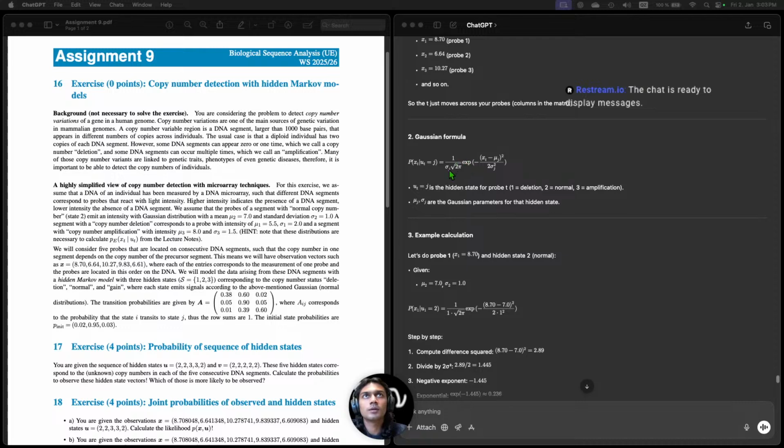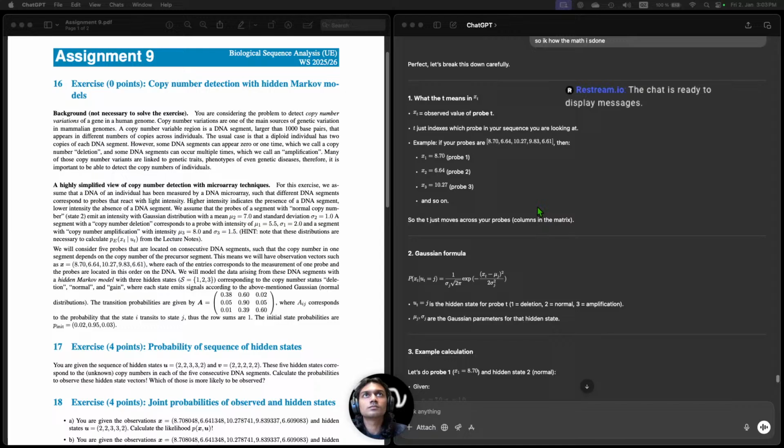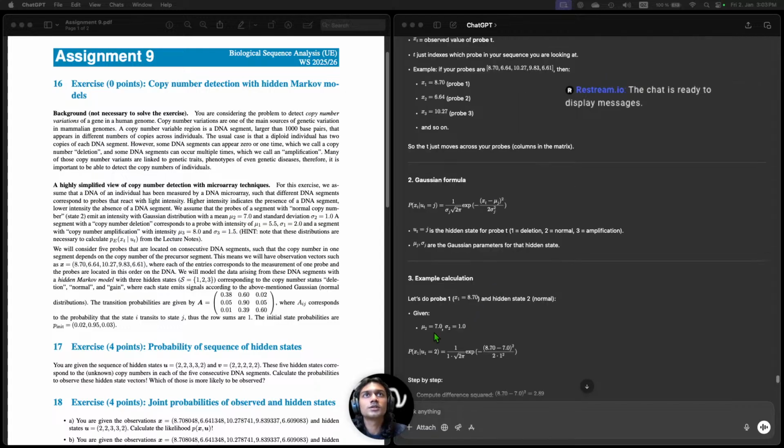So 1 over sigma j root 2 pi times the exponent. What is this nu 2?